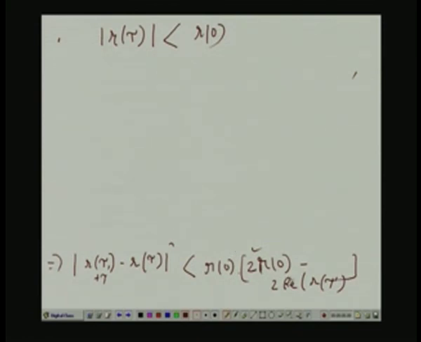Firstly, suppose R tau, whatever it is, at tau equal to 0, suppose it is continuous at tau equal to 0.